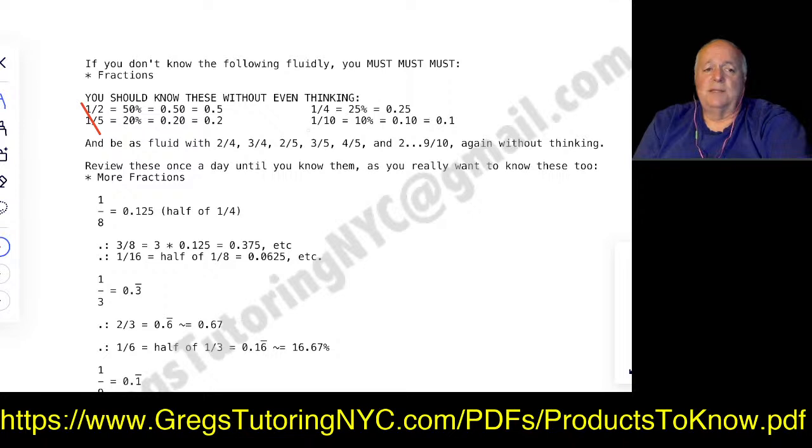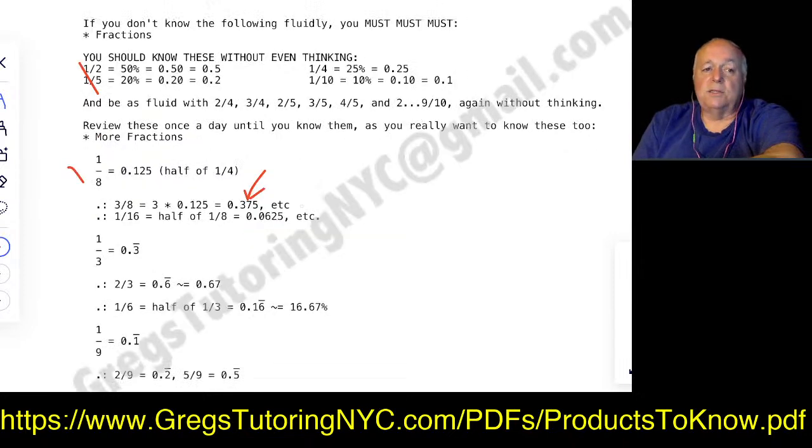So you need to sit down and memorize that an eighth is 0.125. Okay? And also, when you see this 0.375, this also comes up often in a lot of examples, not just on the test, but in your homeworks, in your class. It's just an easy number for a teacher or a test taker to work with. Another way to look at this is that 1/8 is half of a quarter. How do we know that?